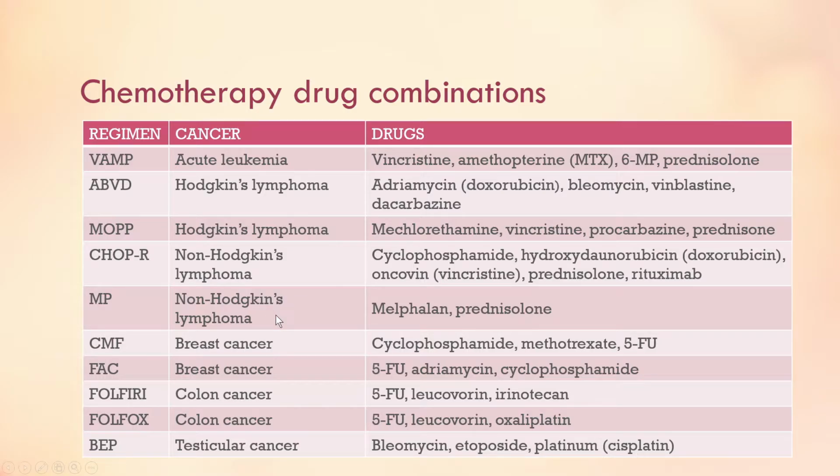And also used in non-Hodgkin's, the MP, melphalan and prednisolone. For breast cancer, there's CMF and FAC, which is cyclophosphamide, methotrexate, and 5-fluorouracil, and FAC, 5-fluorouracil, adriamycin, and cyclophosphamide. FOLFIRI and FOLFOX are used in colon cancer, and BEP in testicular cancer: bleomycin, etoposide, and platinum.